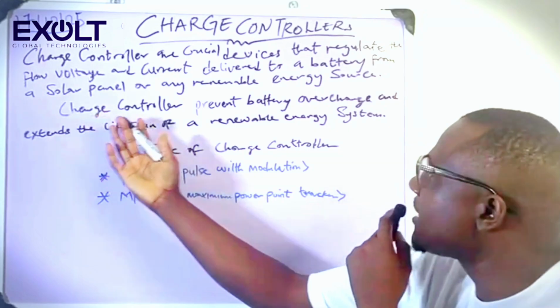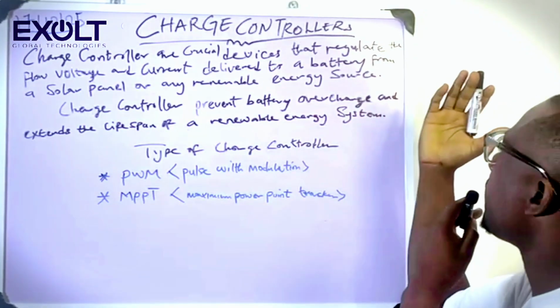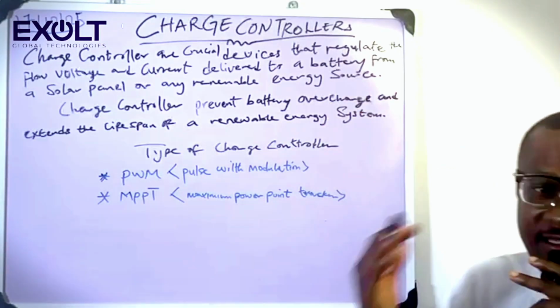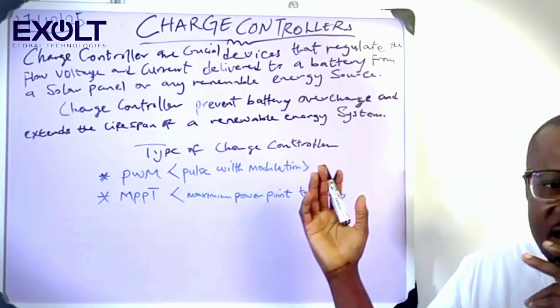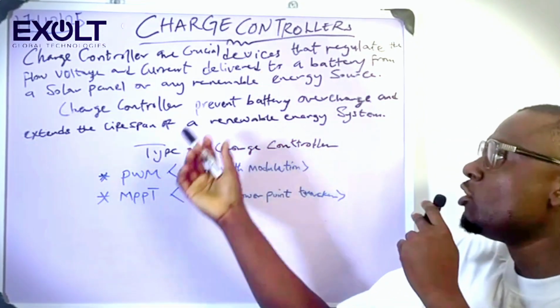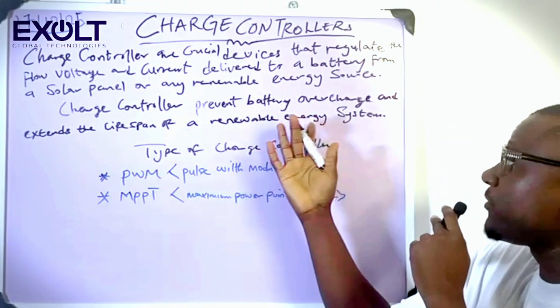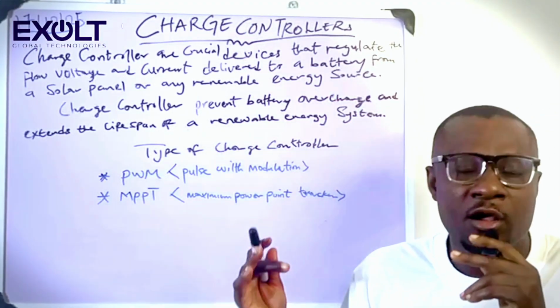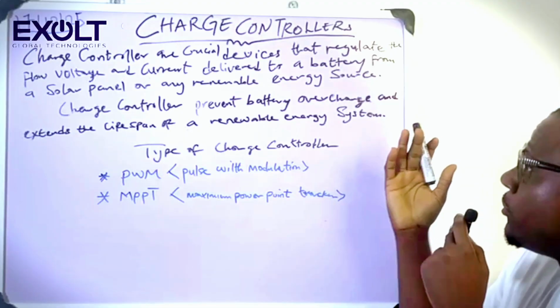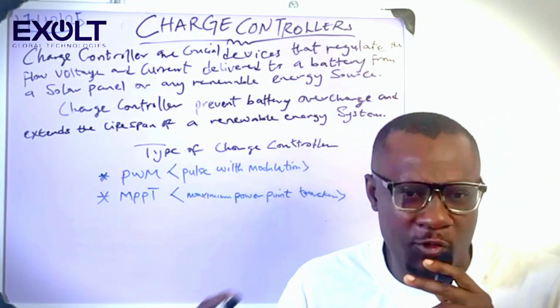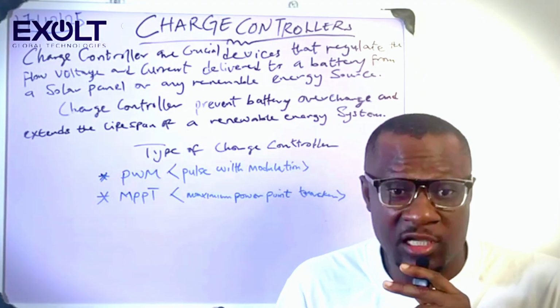So charge controllers prevent batteries from overcharge and extend the lifespan of the renewable energy system. When you engage charge controllers in your system, it helps to prevent battery overcharge, and the lifespan of the battery and other equipment connected to them will be prolonged. So charge controllers are very crucial equipment in renewable energy, like we said.